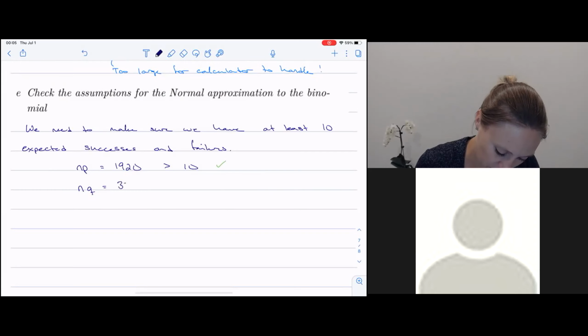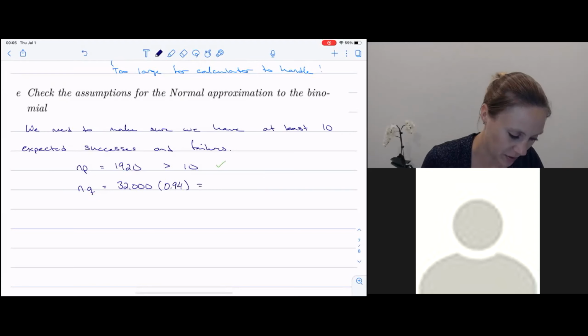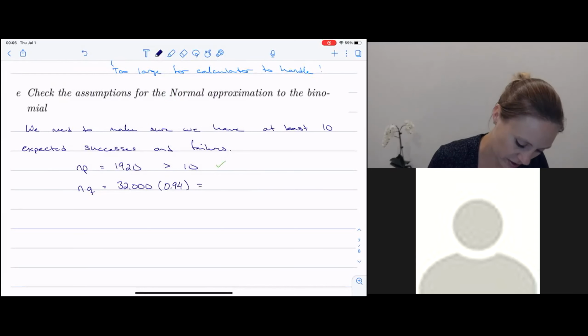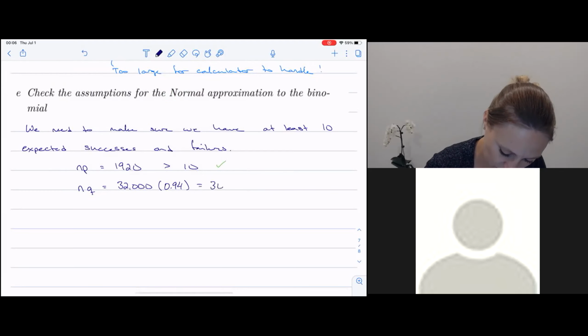So 32,000 times 0.94. And I'm going to multiply across here so I get them kind of underneath each other. 32,000 times 0.94 is 30,080.